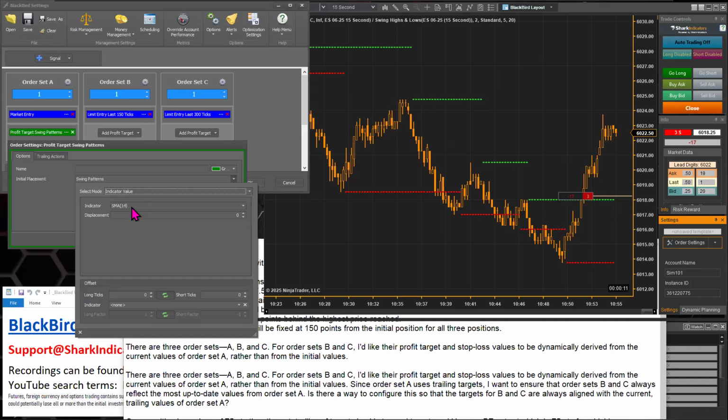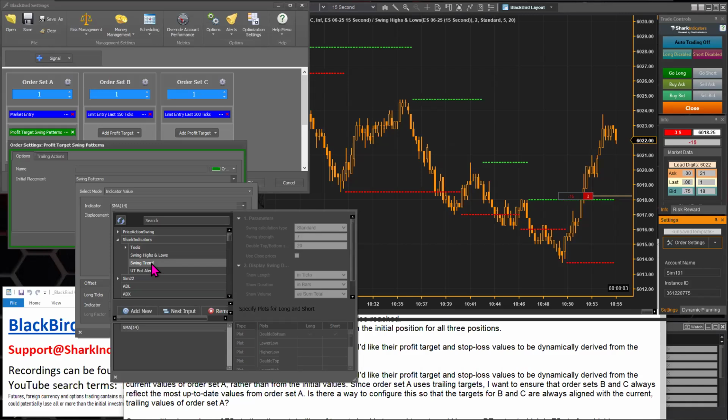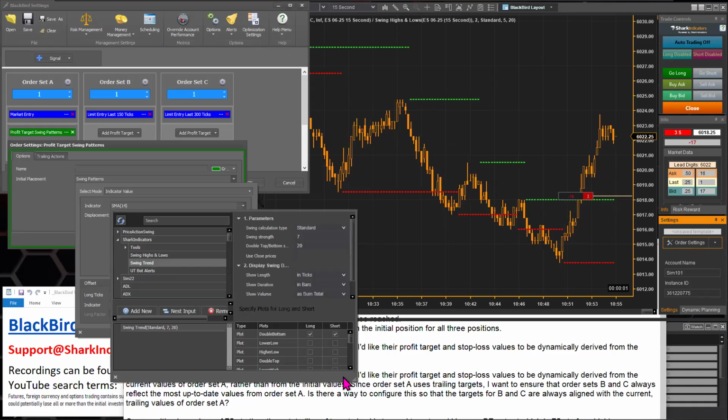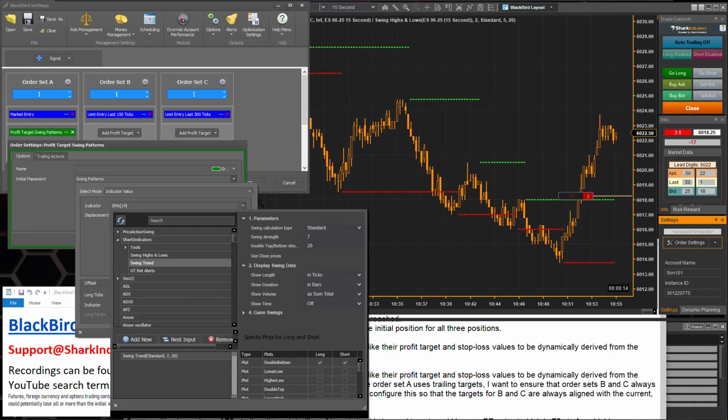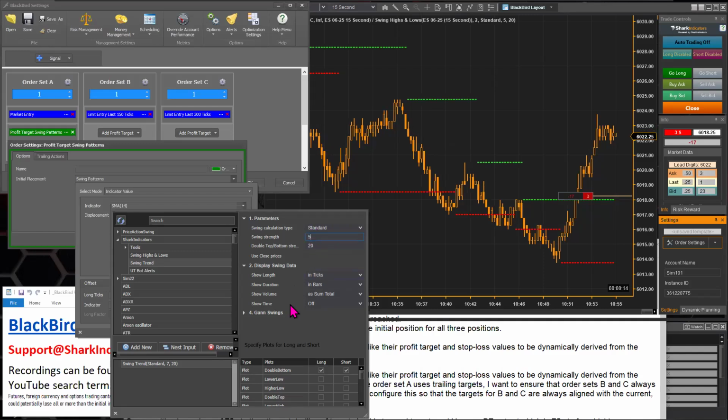There, indicator value. And now I can open up the indicator and select the swing trend here. I think most people are comfortable with this interface, because it looks exactly like setting up the indicator on the chart. So I'm just going to knock this down to 5 there.